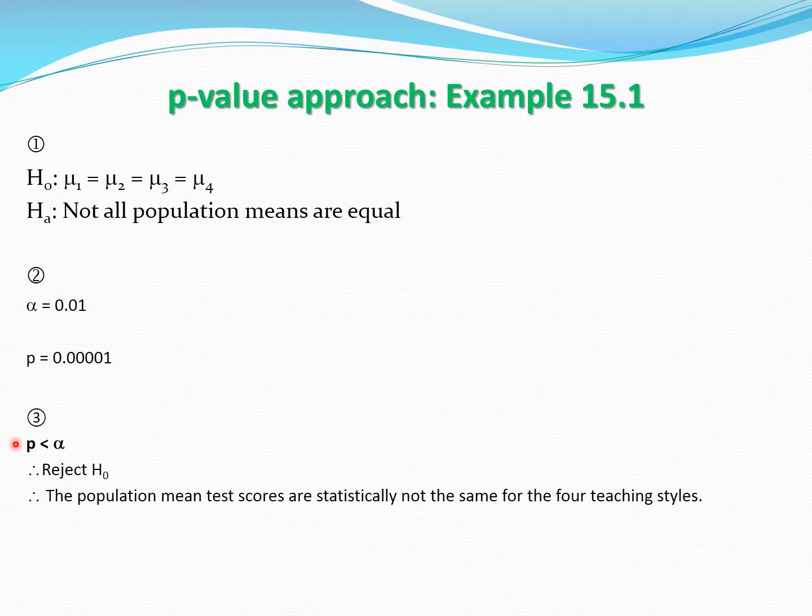If we compare that p-value to your significance level in step 2, then we can see that our p-value will definitely be less than our significance level. So we can reject the null hypothesis. So you will be able to draw the same conclusion as we did in the F test.